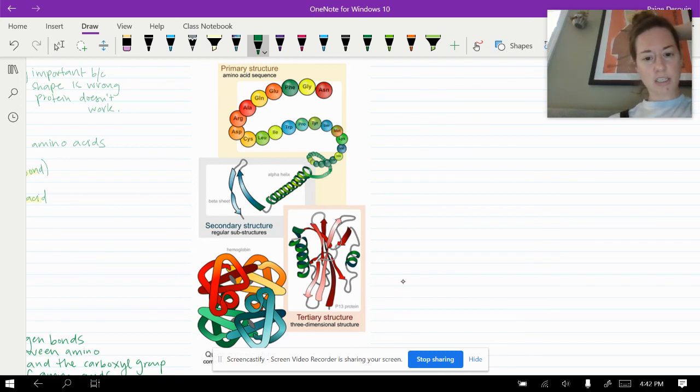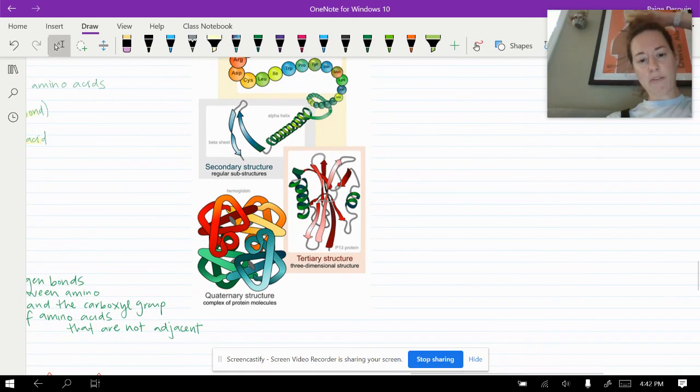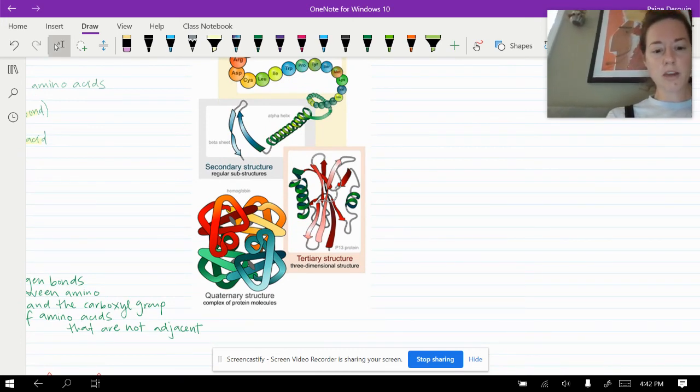What's happening here is the red lines represent beta sheets, the green curlies represent alpha helixes. The gray lines in between are still part of the protein, but they just didn't form alpha helixes or beta sheets. They're interacting because of those R groups. And then finally, you might have a quaternary structure where you have different molecules interacting. This one is hemoglobin. Each of the different colored chains are different protein chains, and they're interacting together. That's protein folding, and that's the last thing I'm going to say about protein.